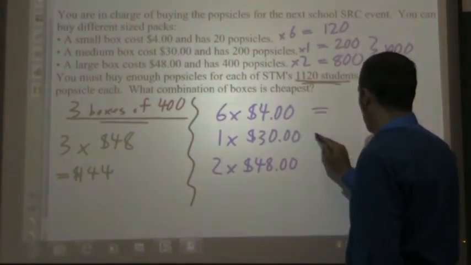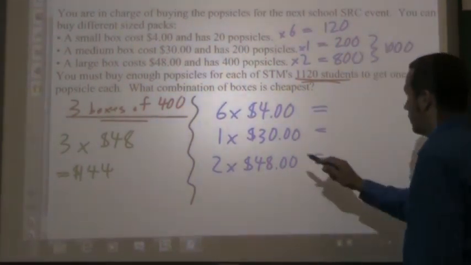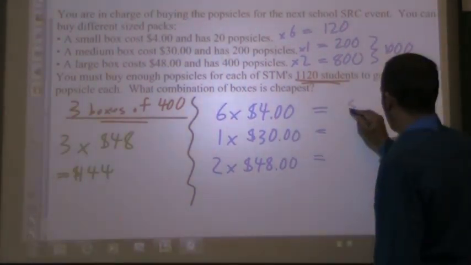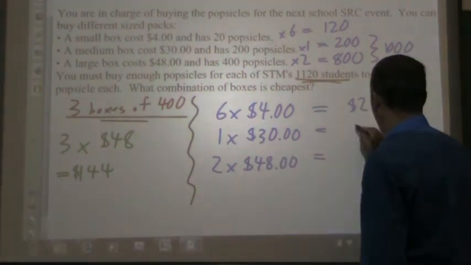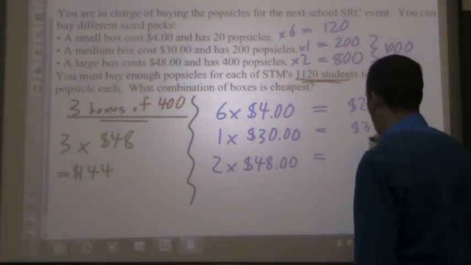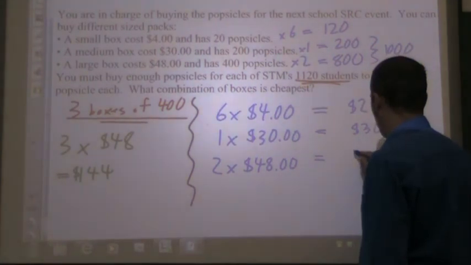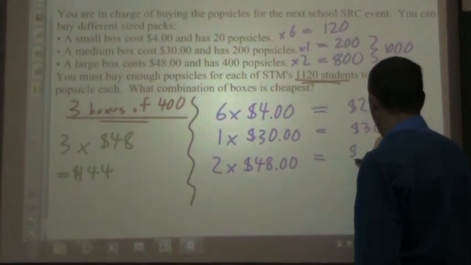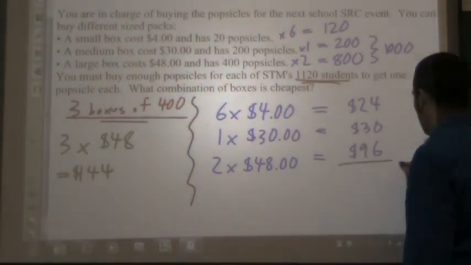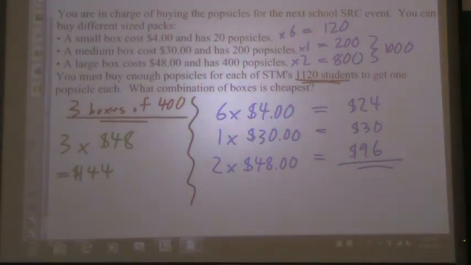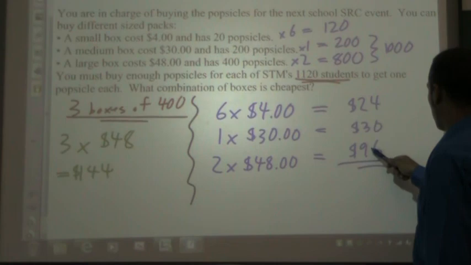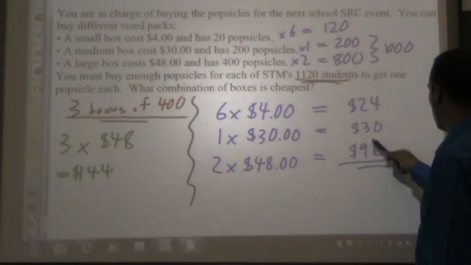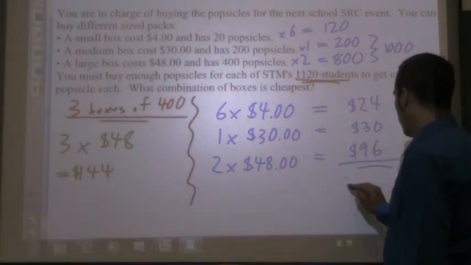So let's do that really quick math. 6 times 4 is going to give me $24. 1 times 30 is going to give me $30. And 2 times 48 is going to give me $96. So we total that up. I've got 24 and 96 gives me 120. 120 plus 30 gives me 150.